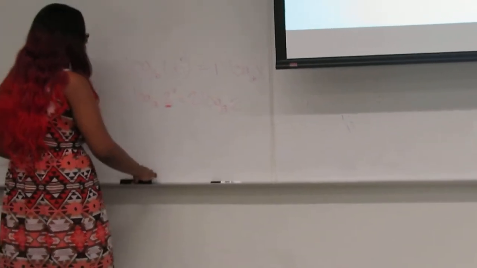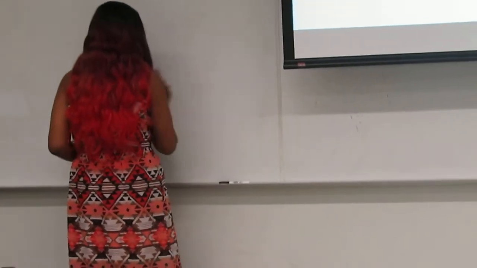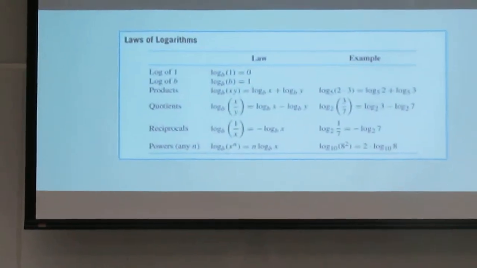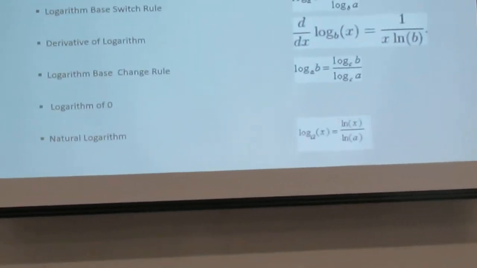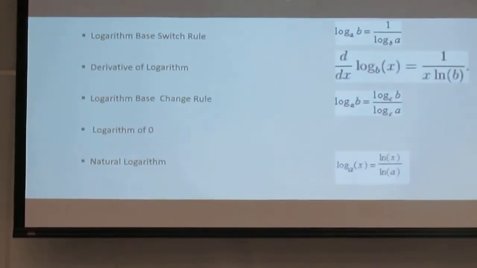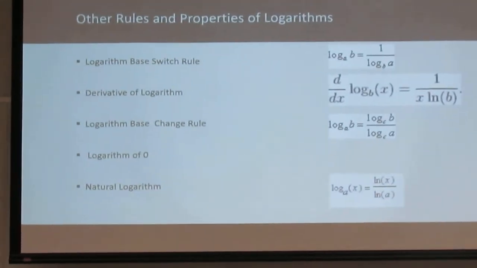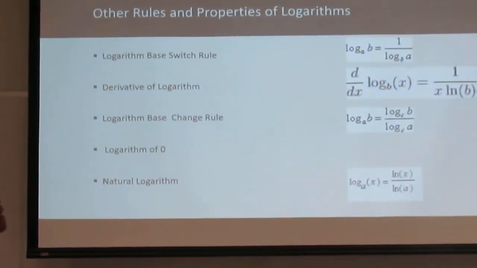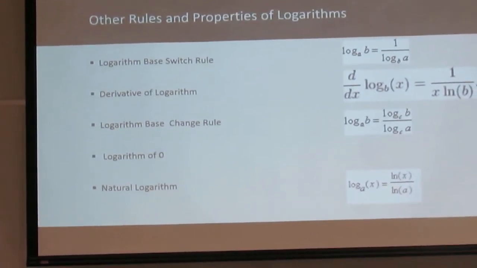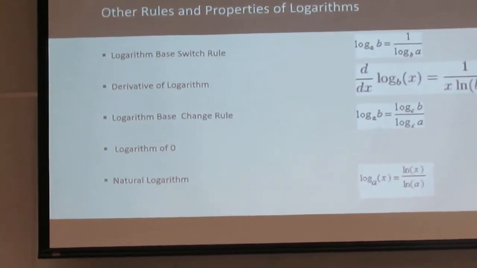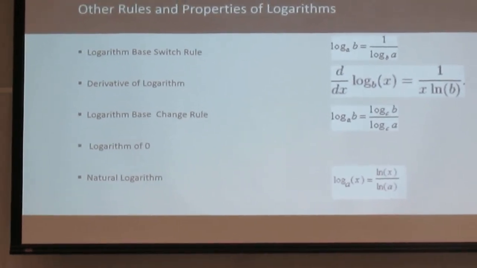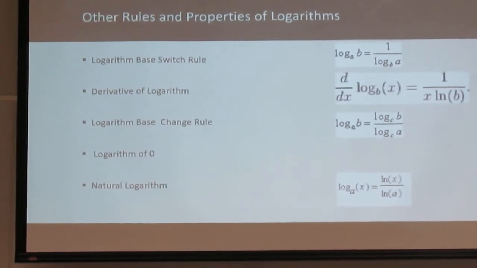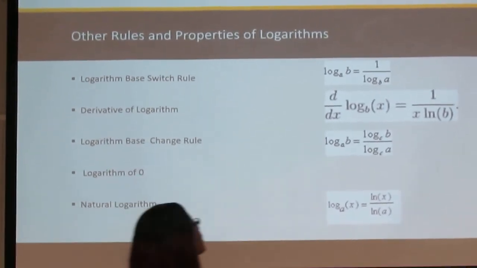Logarithms. The other rules and properties for logarithms, which I decided not to press the issue that much, are ones that you would use, but not as commonly as the laws of logarithms. One would be the logarithm base switch rule, which you can see up here on this side.